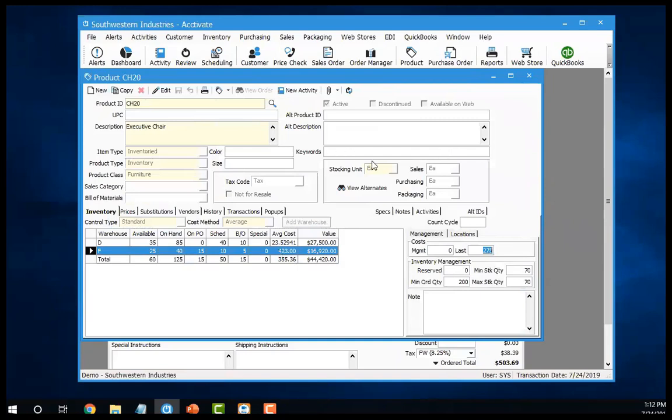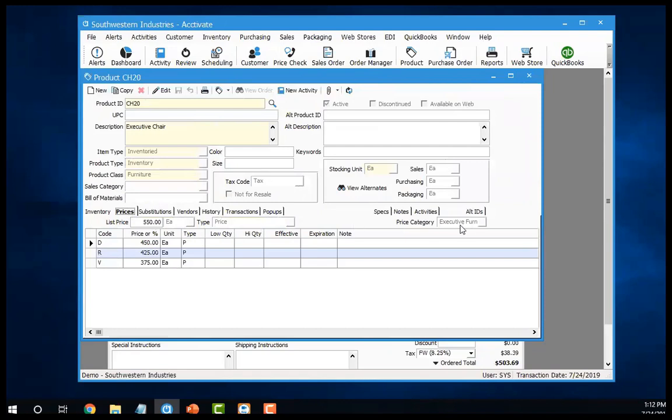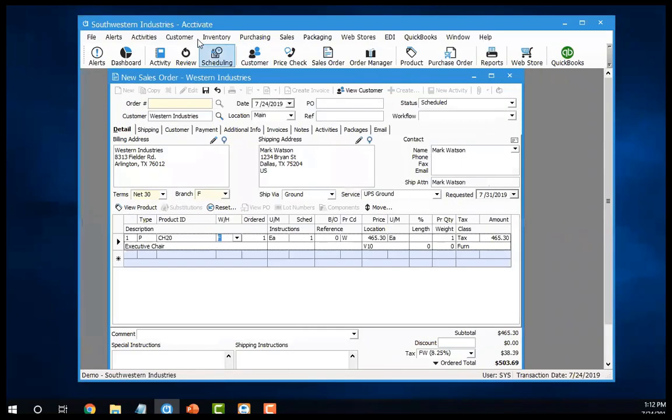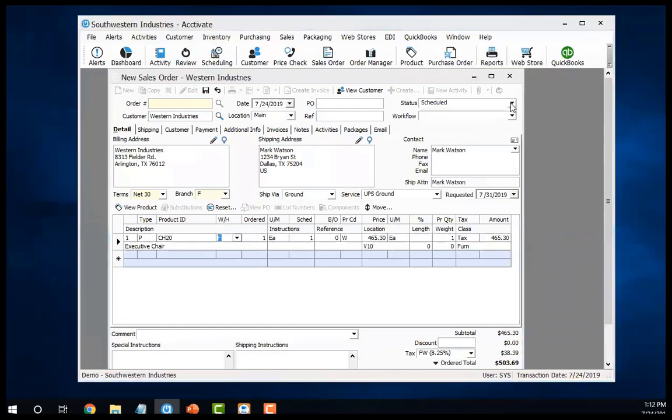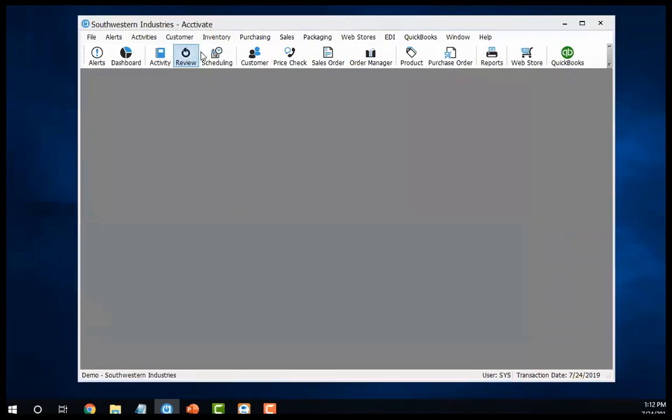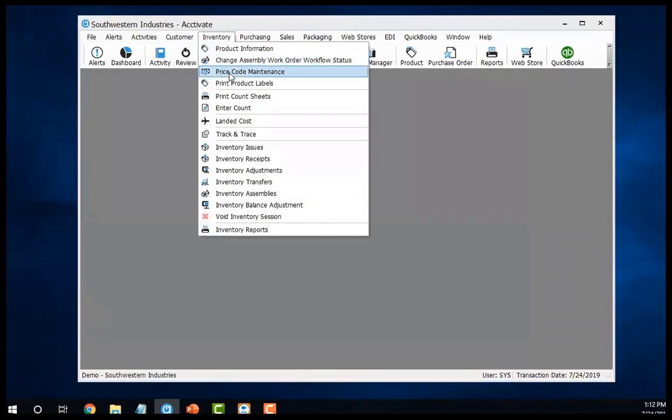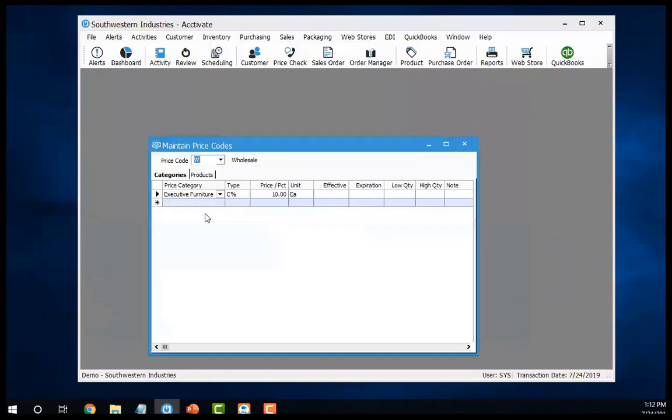So this is how the relationship works between a group of products and a price code, the executive furniture price category and price code W. Now let's see how it works with a product-specific relationship. Right now, we're on the Categories tab, looking at the category relationships with the wholesale price code.